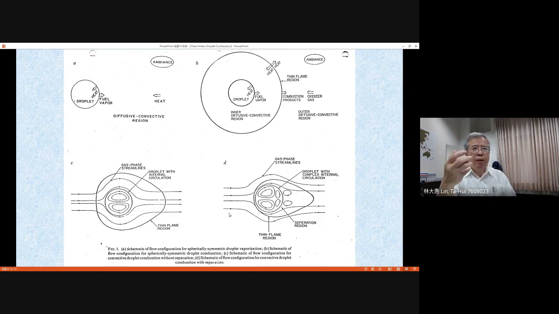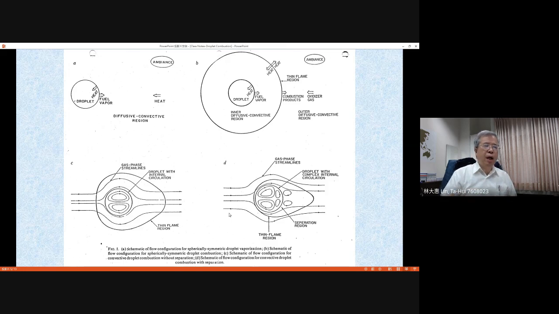Another factor is natural buoyancy. If you consider gravity, when you burn the droplet you always experience its influence. If you have a flame, you will have a density difference around the droplet flame. Then the buoyancy effect, the natural convection, acts on the droplet and the flame.